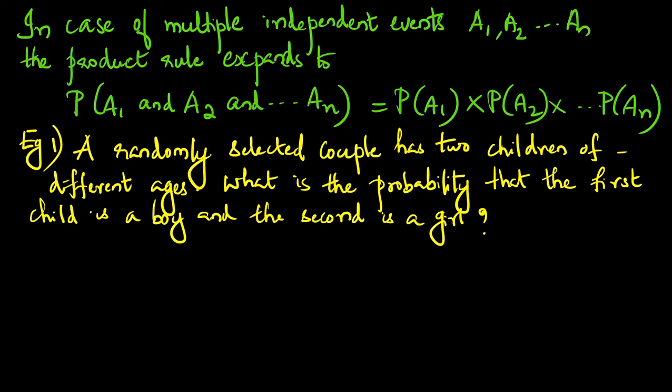A randomly selected couple has two children of different ages. What is the probability that the first child is a boy and the second is a girl? Giving birth to a boy and a girl are equally likely events. So, therefore, they have the same probability.